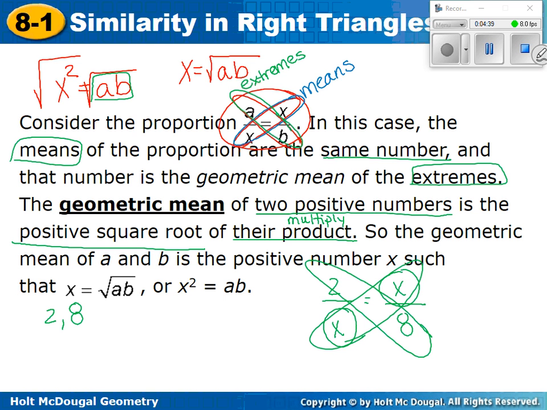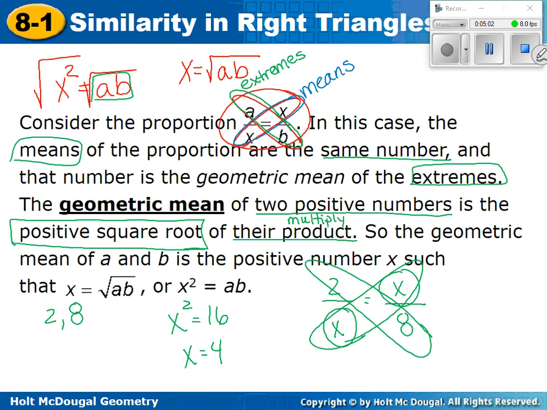Cross multiply, you just told me that would give me x squared equals, cross multiply, what do you get? 16, and then what do? Square root, and so x is equal to 4, and they said it's the positive square root. We've talked in here about how you're supposed to remember to put plus or minus, but it's only the positive square root.